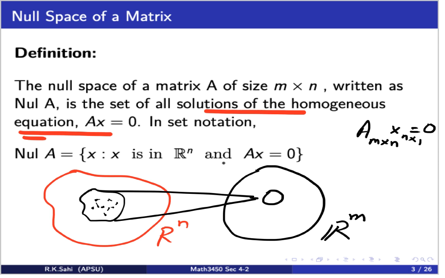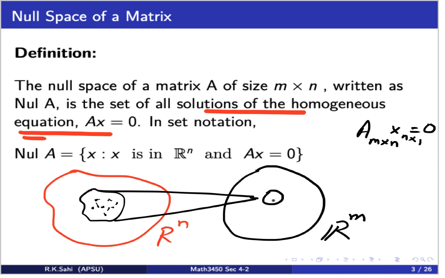So what is my null space doing? Null space says all the elements in Rn, when acted upon by the matrix A, are mapped onto the 0 vector of Rm. Okay. Remember, we said we're going to revisit linear transformations. So here we are visiting it.